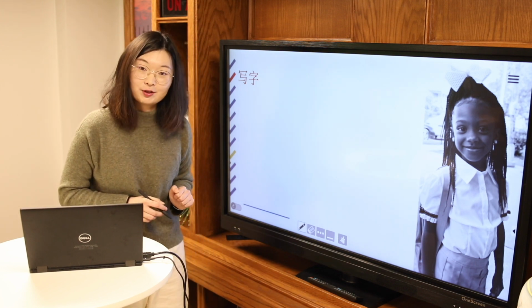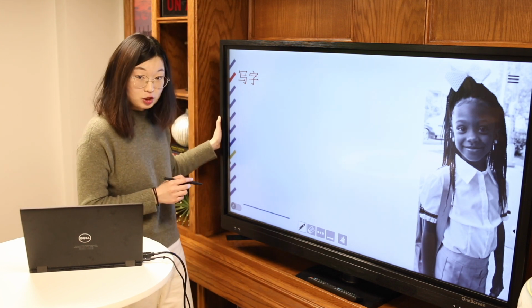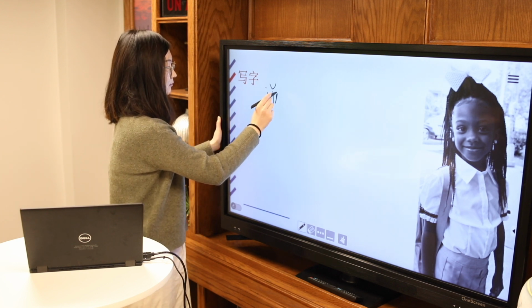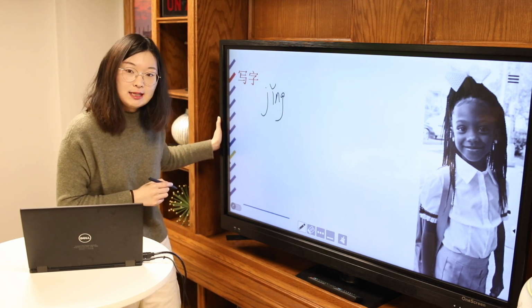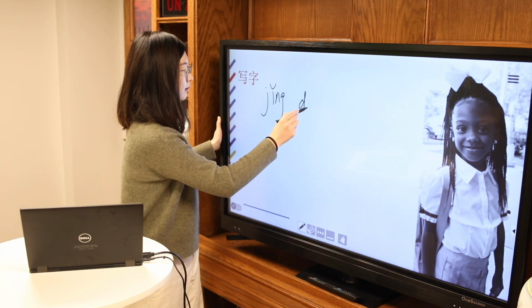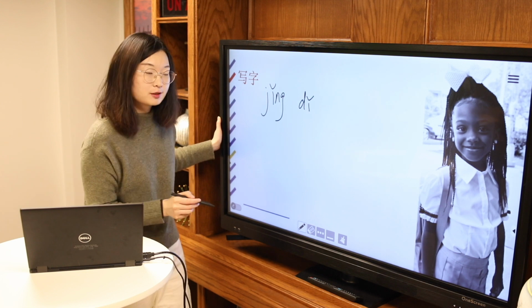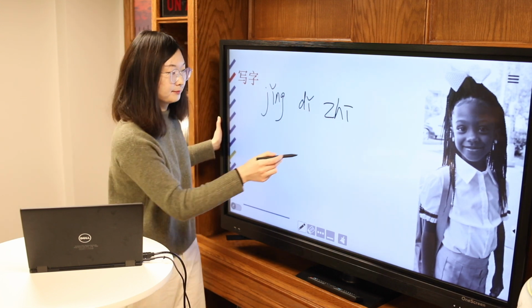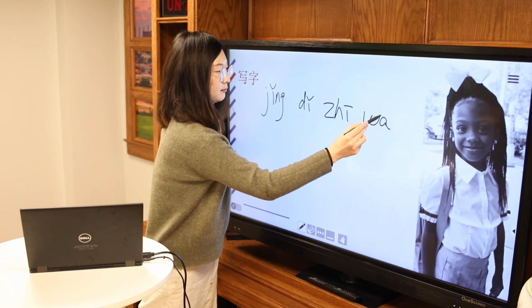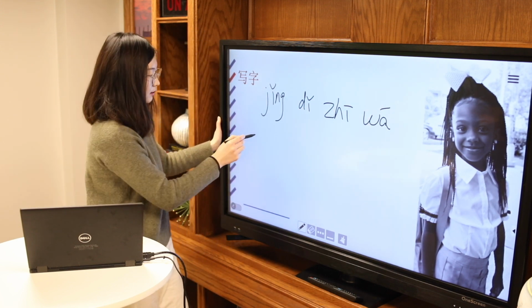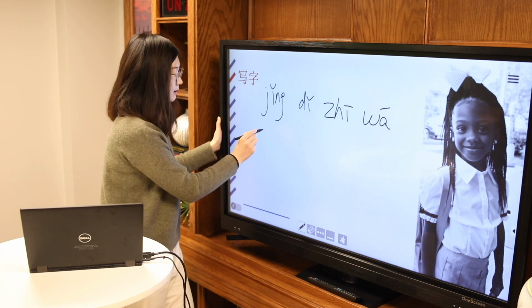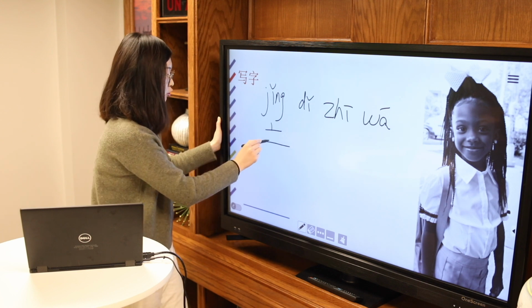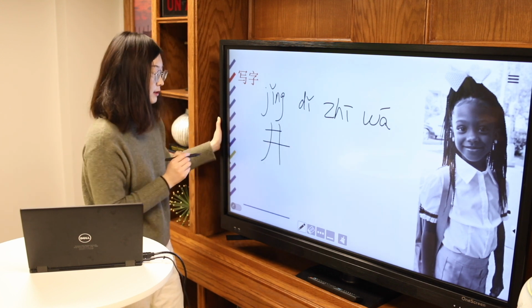Let's write it down on your notebook. 井底之蛙. Okay, 井 is very easy to write. 横横竖撇竖. 井 means well.